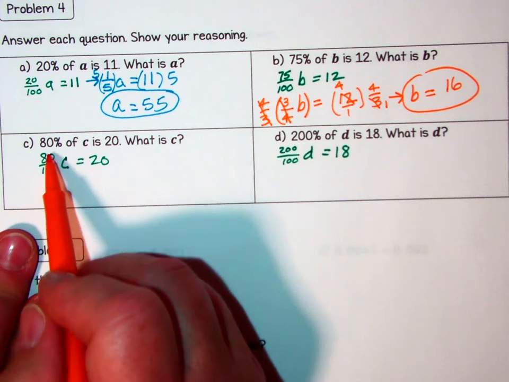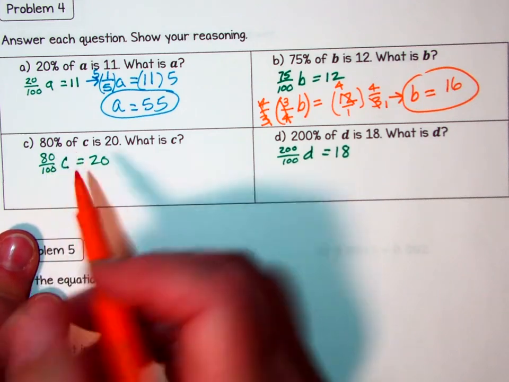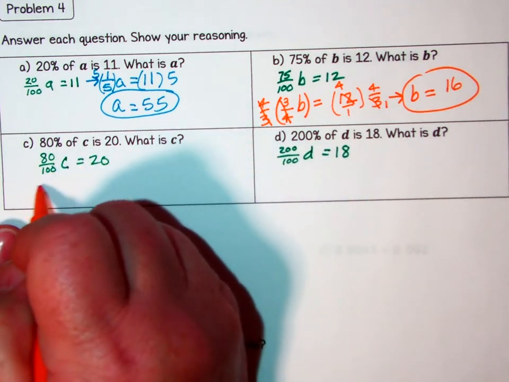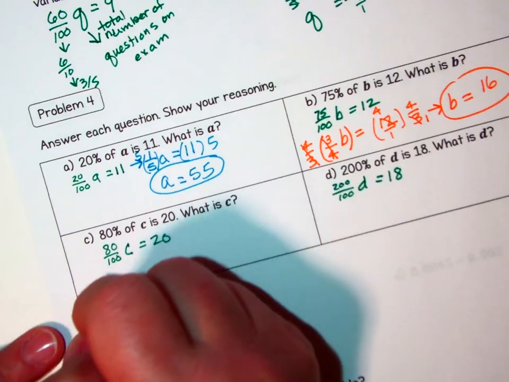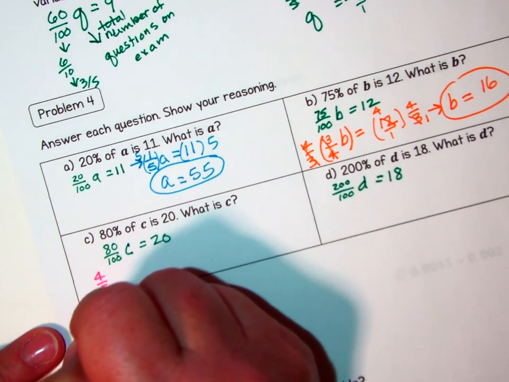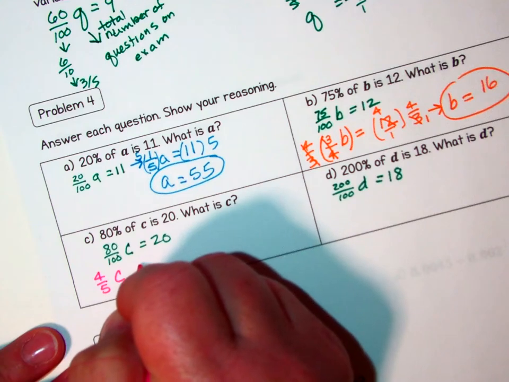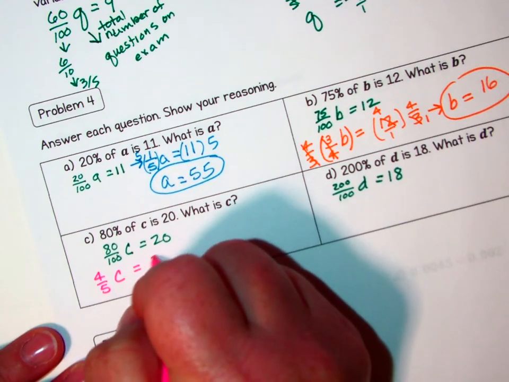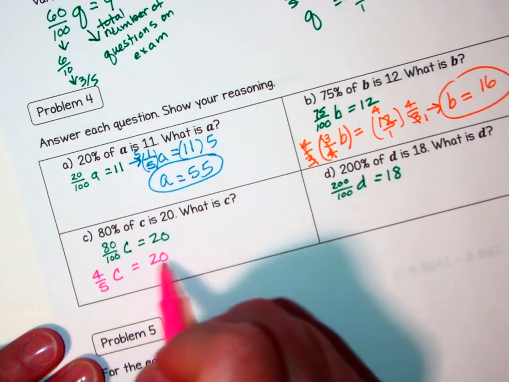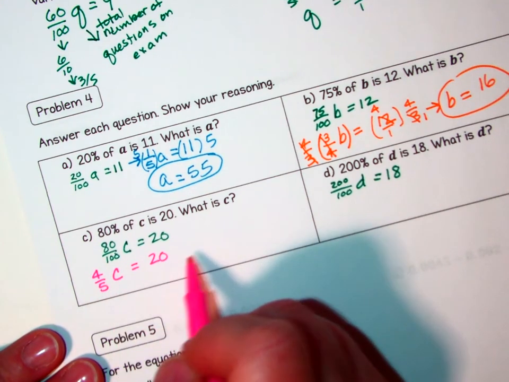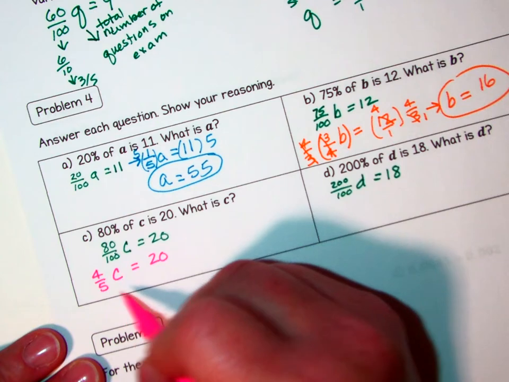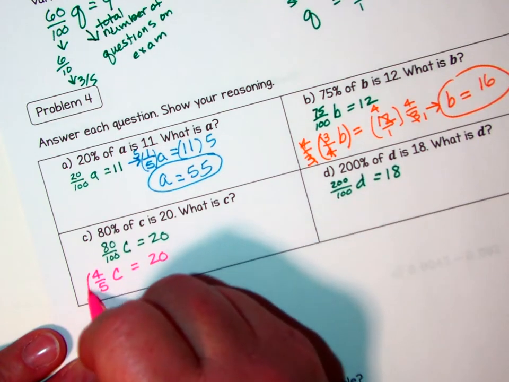Part C, 80 hundredths, if I divide the top and bottom by 20, this becomes 4/5. So my problem becomes 4/5 times C equals 20. So to get C by itself, I divide both sides by 4/5. And dividing by 4/5 is the same as multiplying by 5/4.